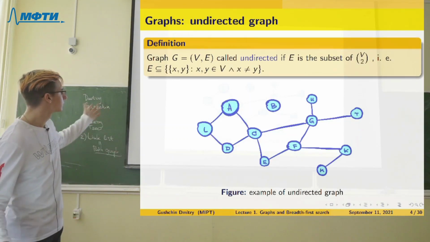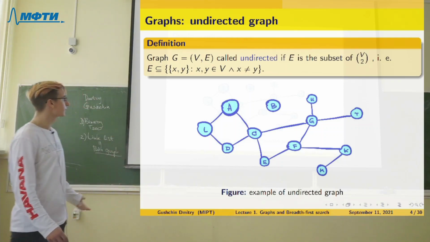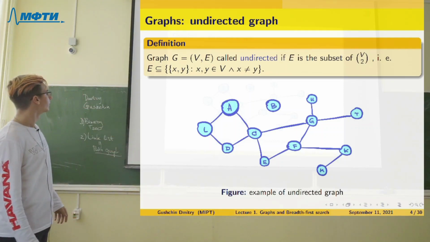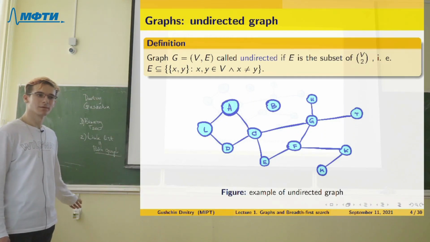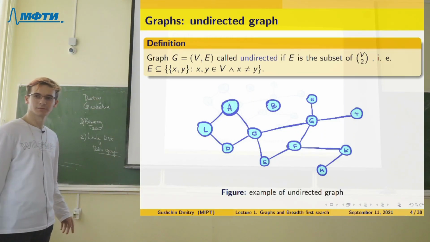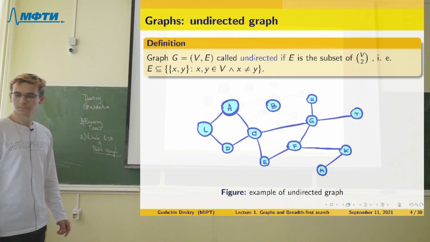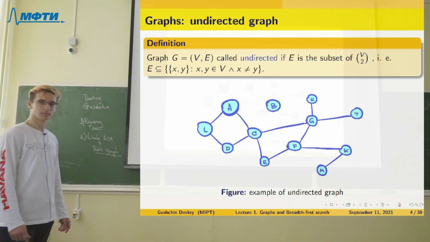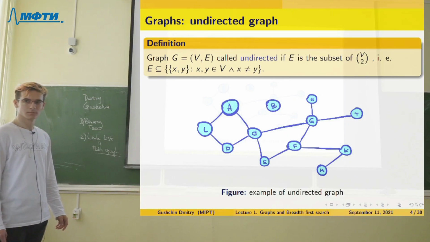And the second class of graph is the undirected graph. What's the difference between this definition and the previous? The first one has edges with direction between two nodes, but in this one there is only one: either they are linked or not. In the previous one, they may be linked from left to right or right to left.